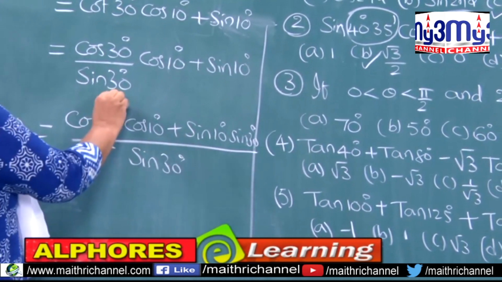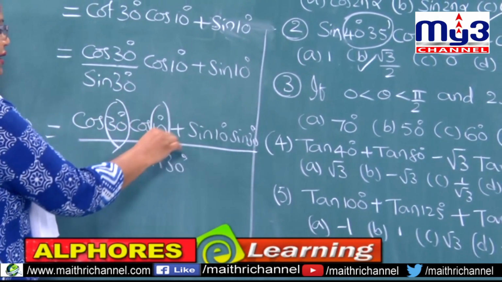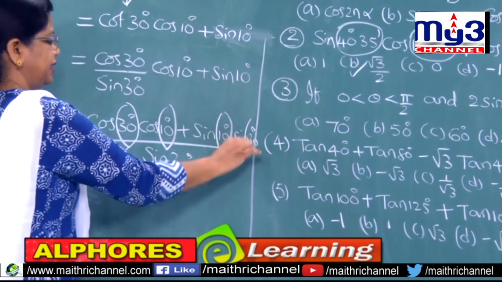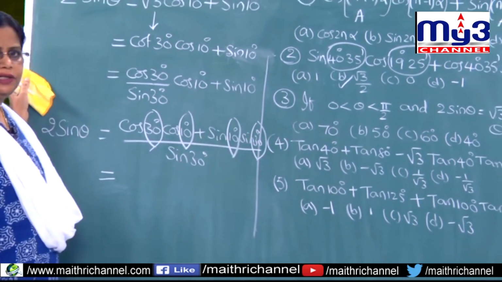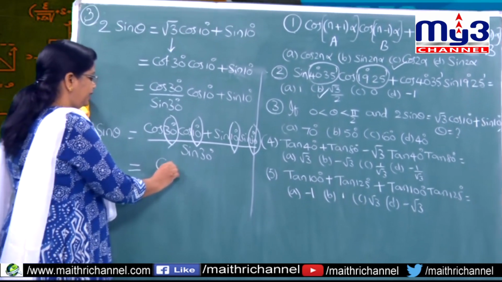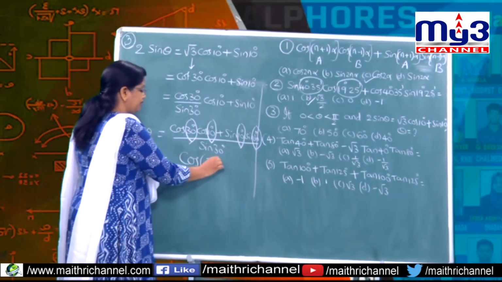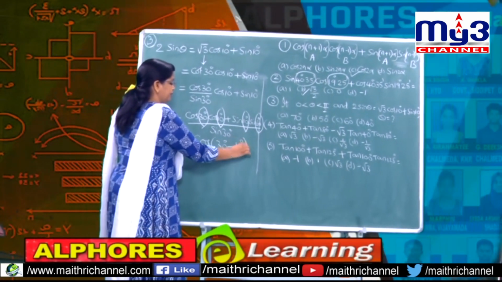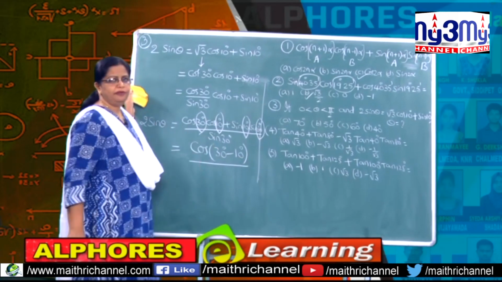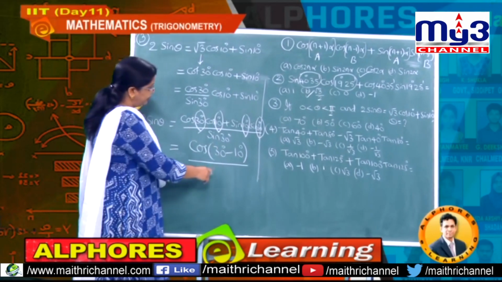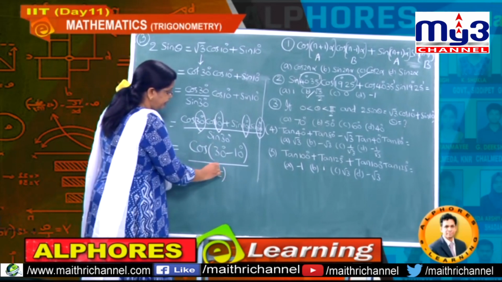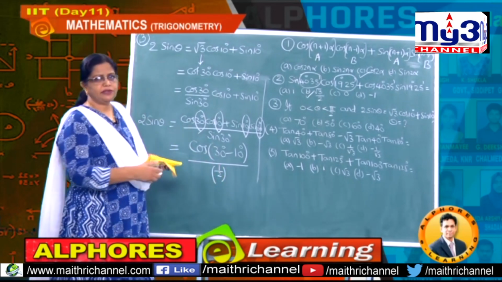So this is your 30 degrees, 10 degrees, again 10 degrees, and this one is your 30 degrees. Therefore the numerator is cos of A minus B, 30 minus 10, and what is the denominator? It is alone, so write the value, 1 divided by 2, understand students.